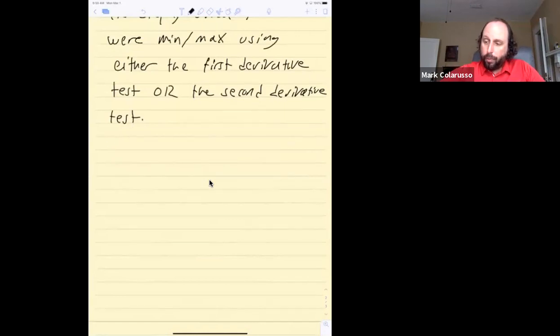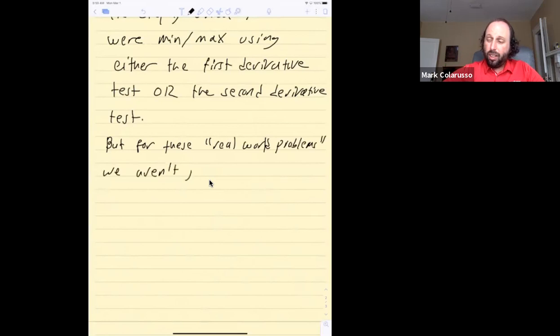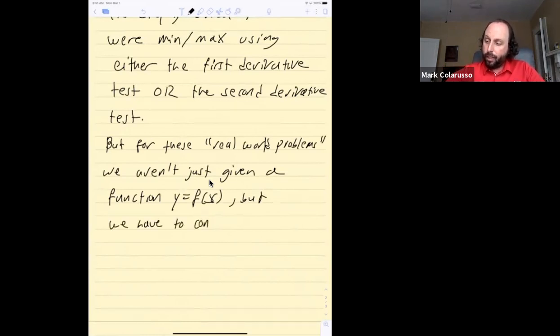For these real world problems, we aren't just given a function f of x, although a few of them on the homework still do this, and those are a lot like the ones you've seen before. But here we have to find this function. We have to construct this function from real world information.